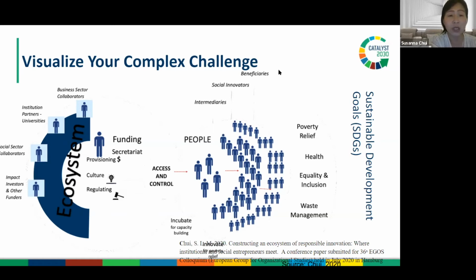And as a result, the funders receiving that impact communication loop will then continue to fund the social innovators. So this is a virtuous cycle when they overlap and continue to influence one another. The positive changes, positive impact will spiral up.